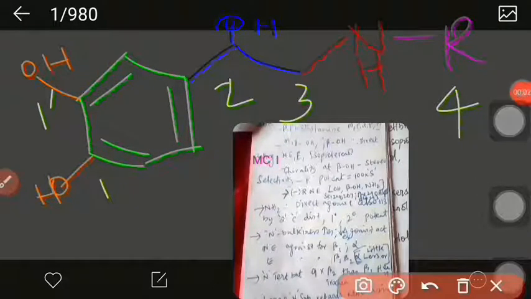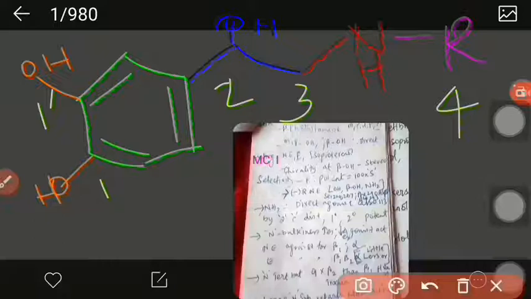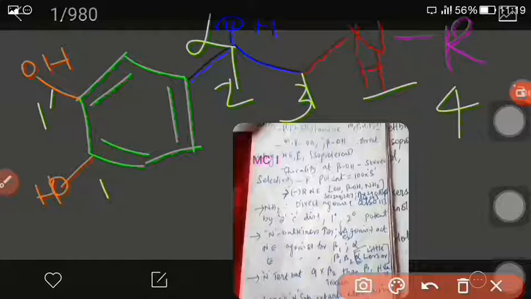This is about SAR of beta phenylethylamine. So what is this ethylamine? This is the ethylamine moiety, where this is the ethyl group and this is the amine group.